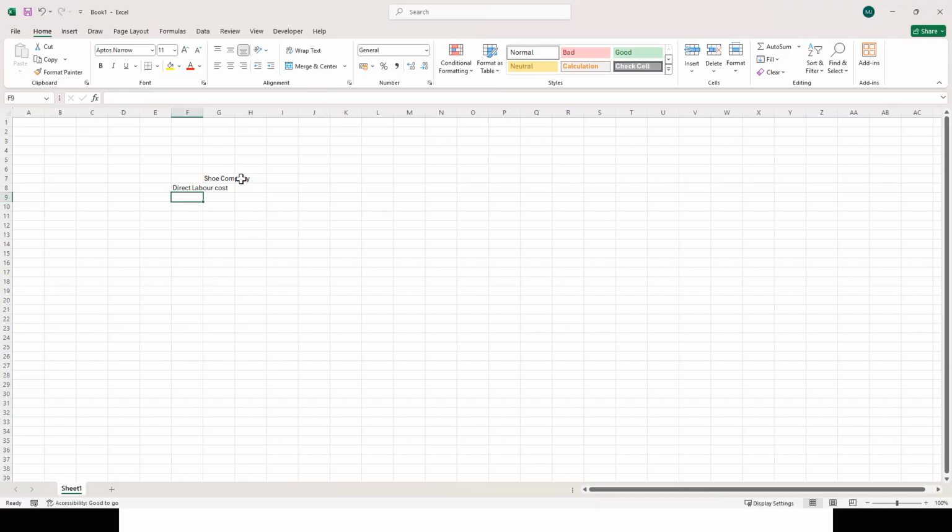Give me stuff, give me a name. Leather costs. Let's say this one costs 2,000 naira. This costs 2,000 naira. What other cost again? Nails.